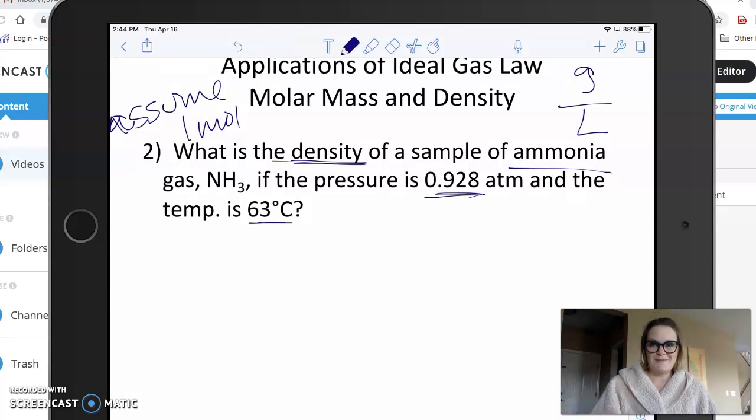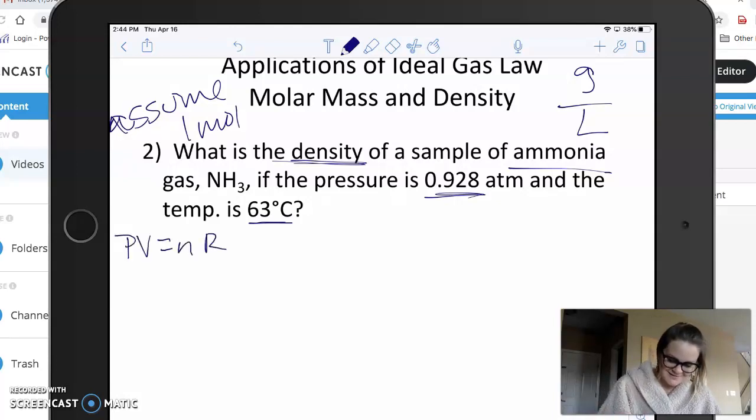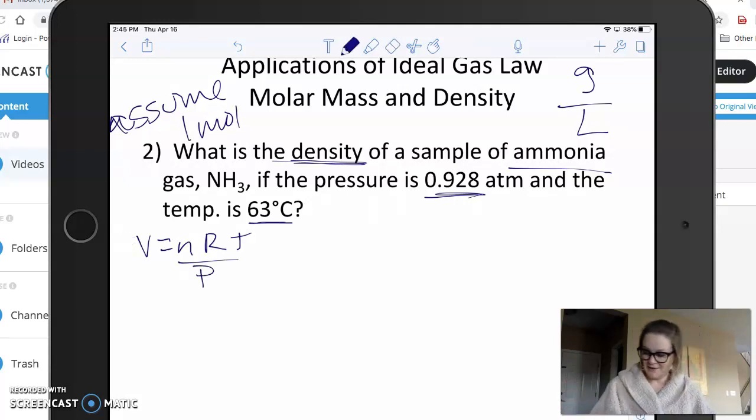So for this problem, because we've got this new tool, PV = nRT, we just need to figure out the volume. We've got everything else. So I'm going to simply divide by the pressure and plug everything in. Like I said, we're going to assume we've got 1 mole.